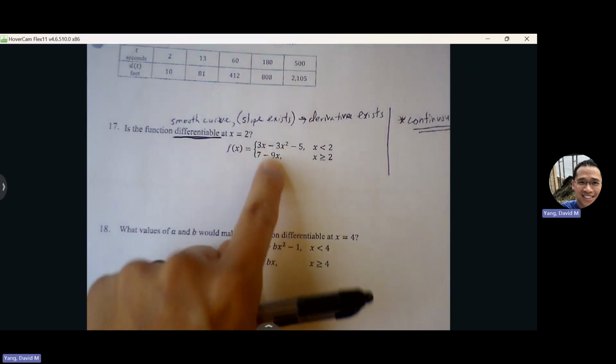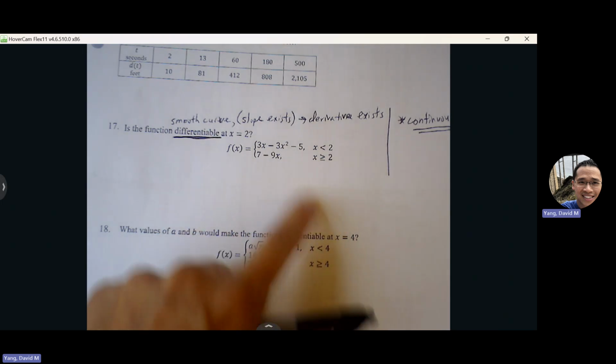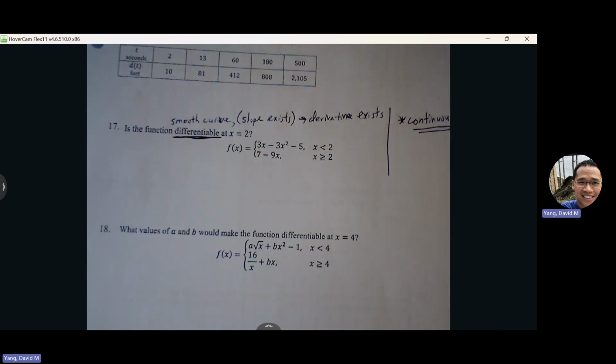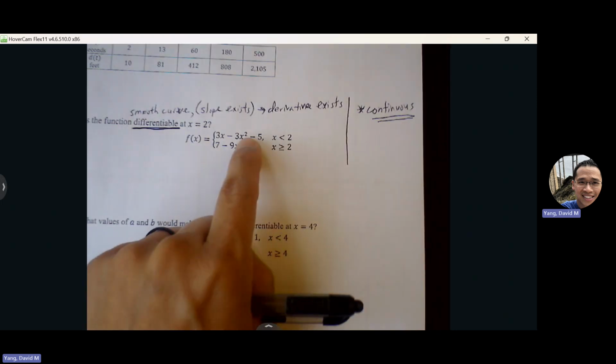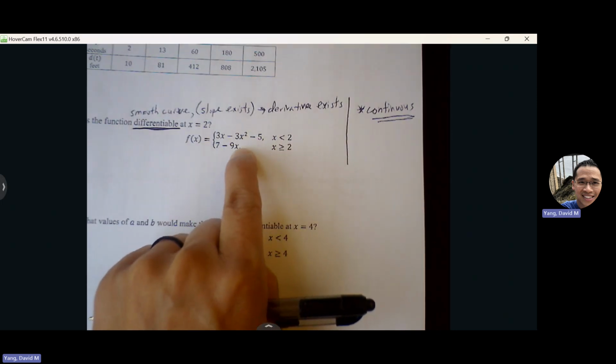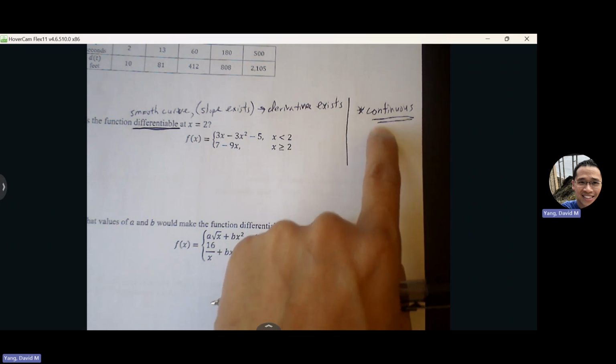Even if these two graphs are sharing the same slope at 2, it could be a jump discontinuity, then it's no longer differentiable, right? If they're not meeting at the same point, then we can't call them continuous. Sorry, differentiable. So we have to first confirm that these actually share the same y value at 2.